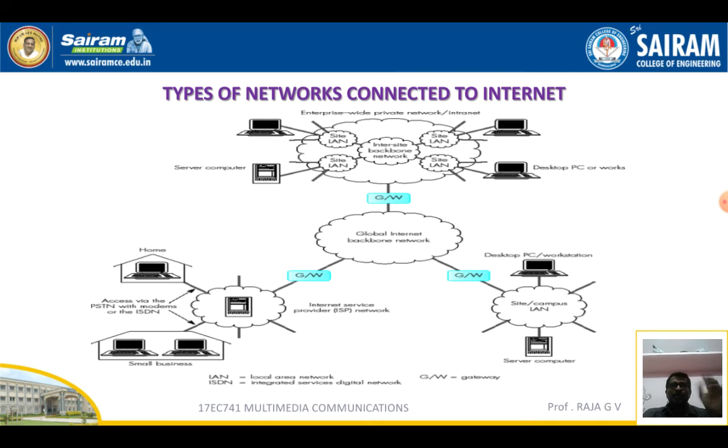The user devices are connected to the ISP either through PSTN, or PSTN with the modem, dialing system with the modem, or through ISDN, integrated services digital network, which provides access at a higher bitrate.